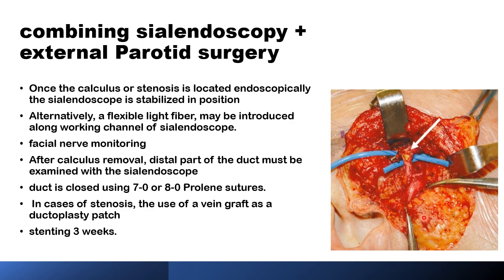The sialendoscope would be introduced through the duct papilla, and it would identify the place of the stricture or the stone, whether in the gland itself or close to it, and then an incision on the duct is carried out to scoop the stone or to remove the stenotic segment. This can be either repaired primarily or with the use of a vein graft using 7/0 or 8/0 Prolene sutures, followed by stenting of the duct and closure of the wound.